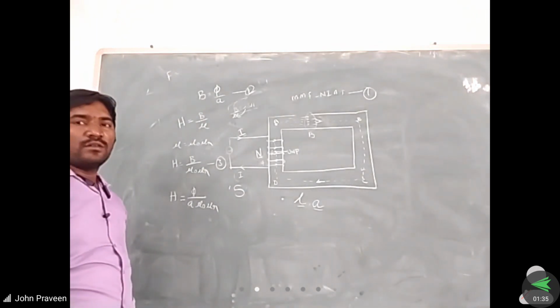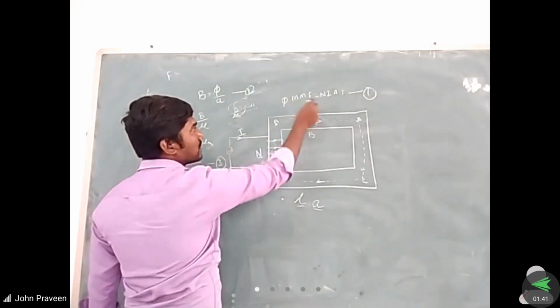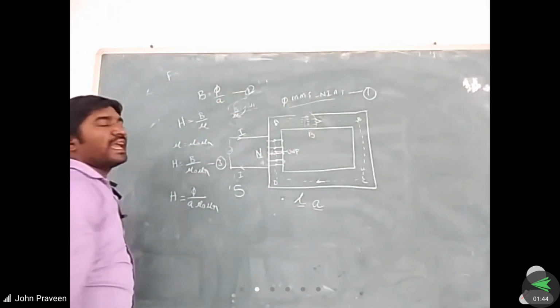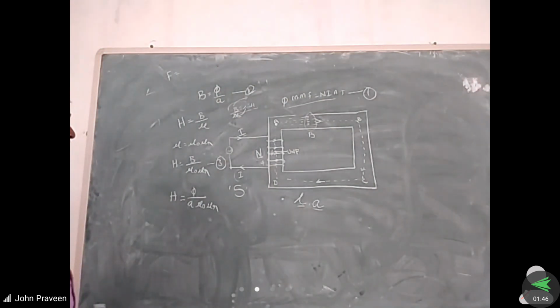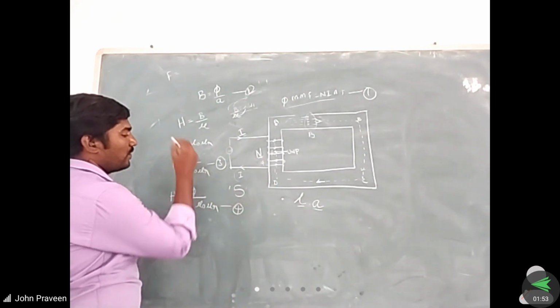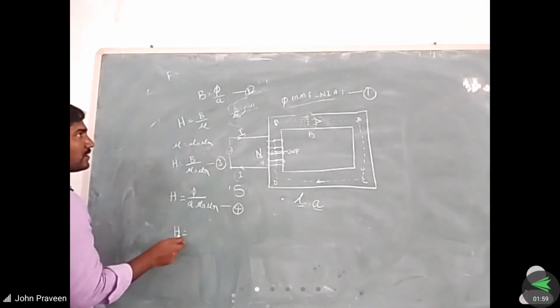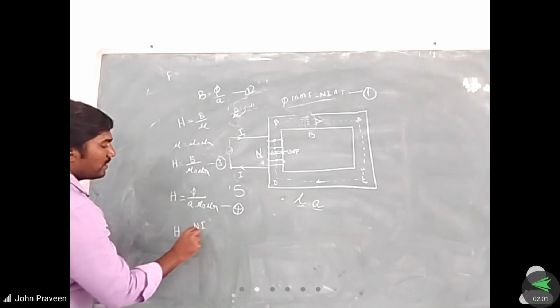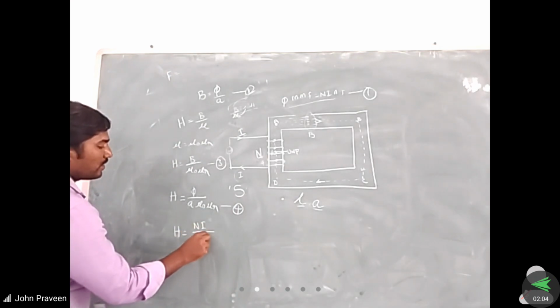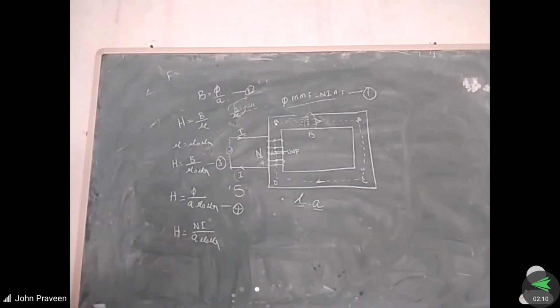But already we know what the phi value is: MMF is equal to N into I. Substitute equation 1 in equation 4. So H is equal to, instead of MMF, we substitute the value of N I by A into mu naught into mu r. This is the equation we are getting here.